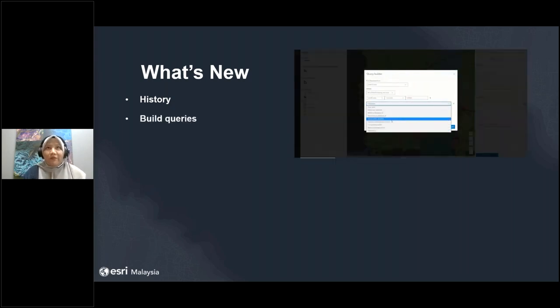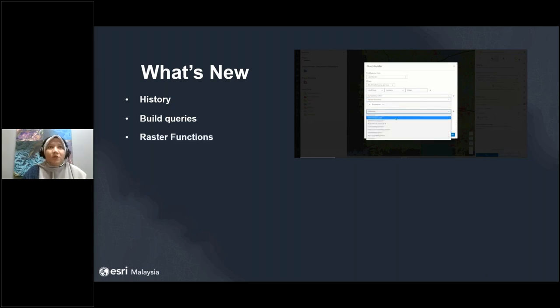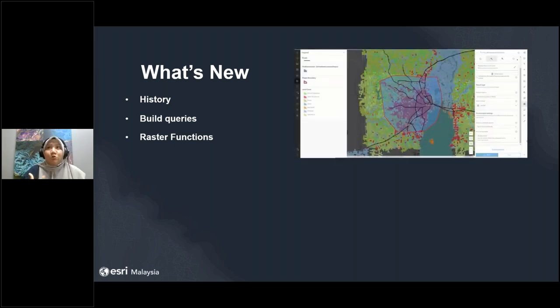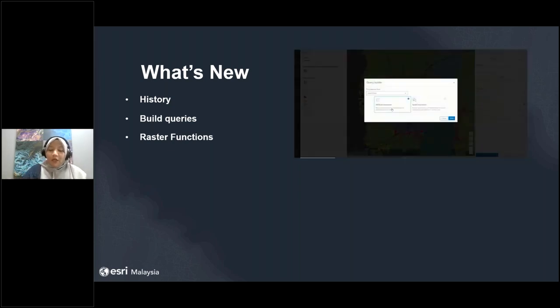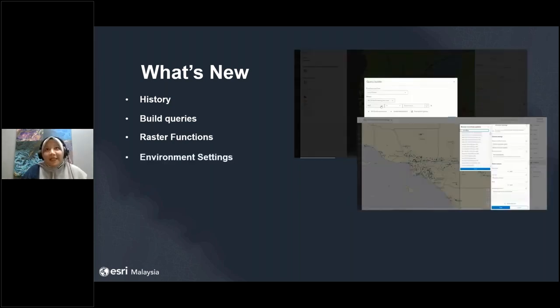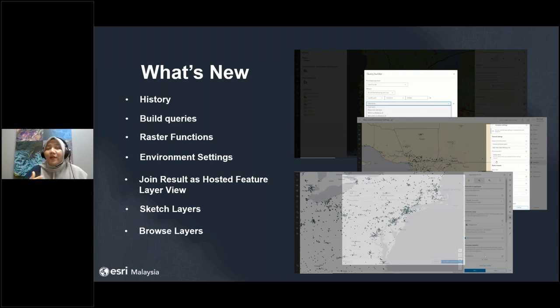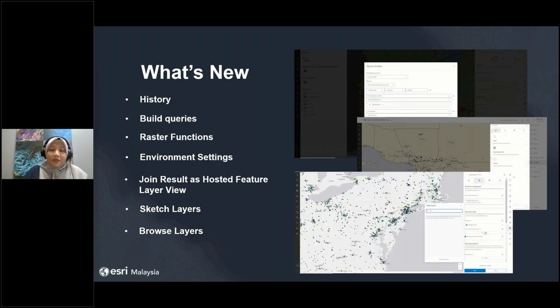We also have Arcade queries if you want to do queries in the analysis tools. And raster function is one of the new tools that was introduced last month, June 2023. Environment settings, join result as a hosted feature layer view, sketch layer, and also you can browse your layer directly from the analysis tools.